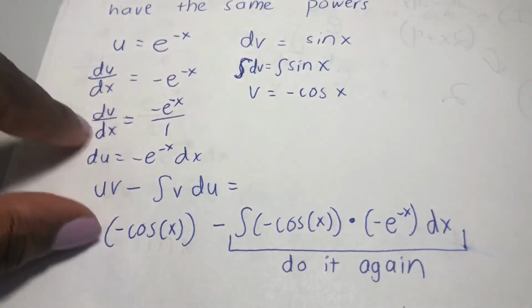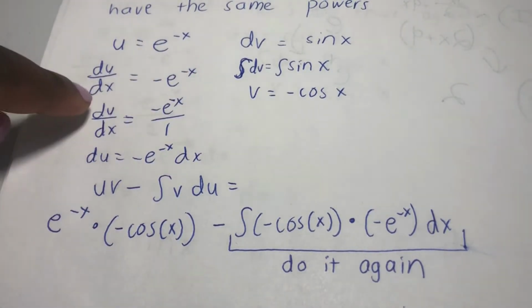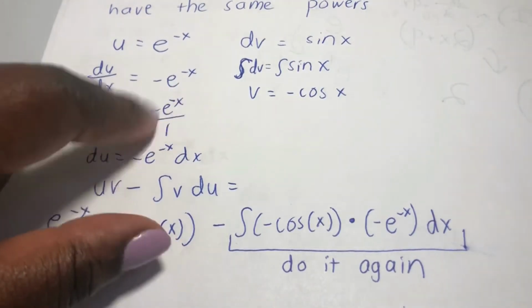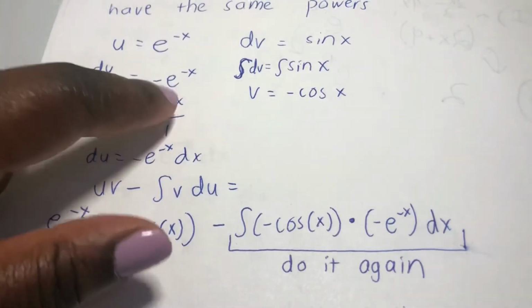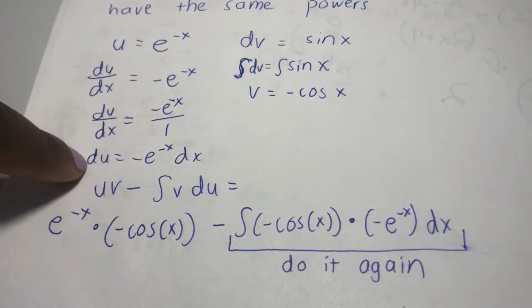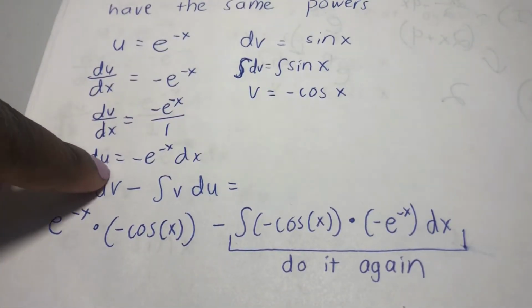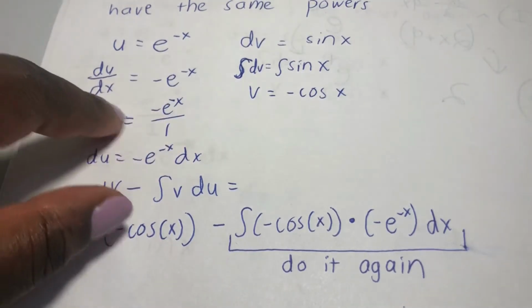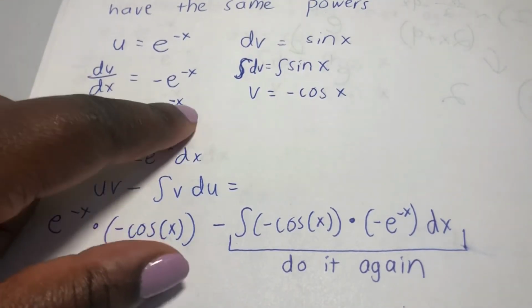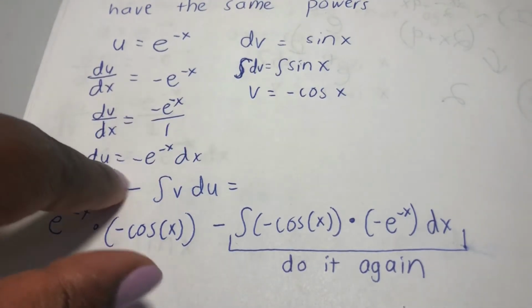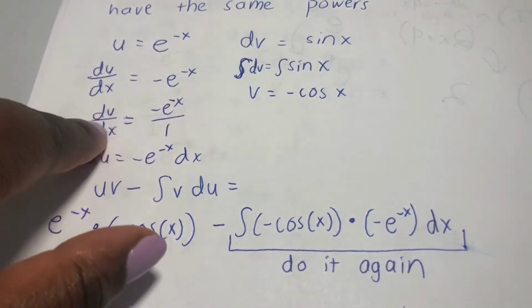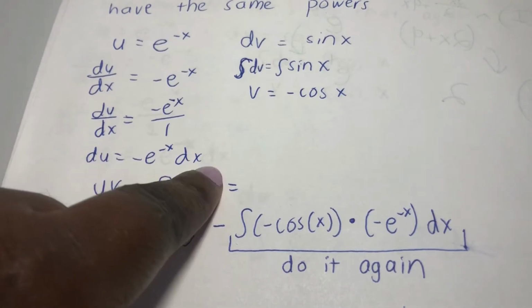So we have to get du by itself like we've been doing, so we can make it negative e to the negative x over 1. So du over dx equals negative e to the negative x over 1, which also means, if we cross multiply, du times 1 is equal to negative e to the negative x times dx. Du times 1 is just itself. So du is equal to negative e to the negative x times dx.